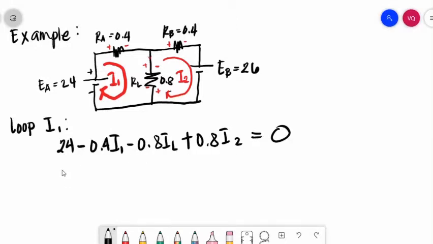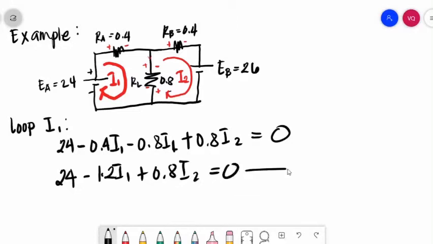Simplifying this equation, we will have 24 minus 0.4 I1. This is I1, not IL. 0.4 I1 minus 0.8 I1, we will have a negative 1.2 I1 plus 0.8 I2 is equal to 0. So this will be our equation 1.